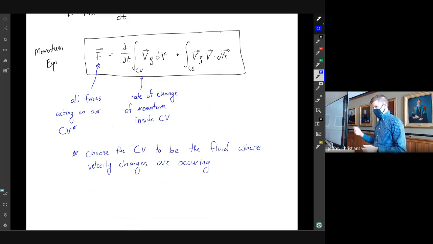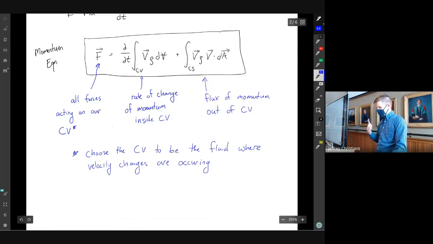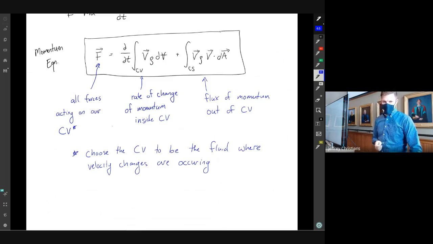That's why we have velocity times density over the entire volume, mass times velocity. And this term is the flux of momentum out of the control volume. So the net flux out.